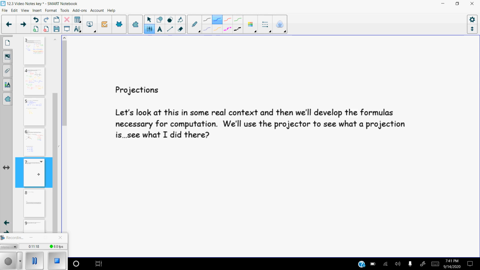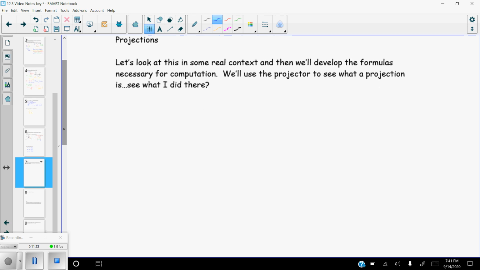All right, for this next one, this is one where I really wish that I had you guys in class to actually see this, but a projection, while you can just memorize a formula, I'm hoping that we can actually make some sense of this.